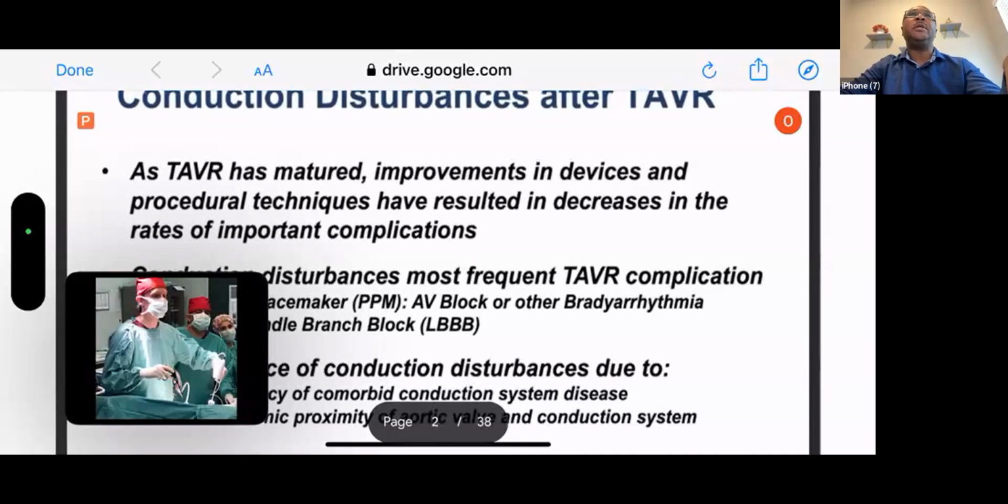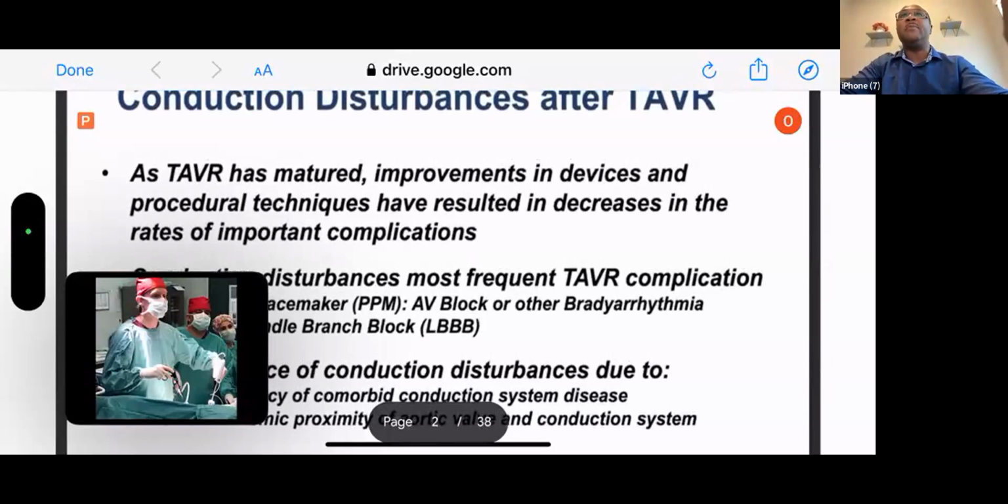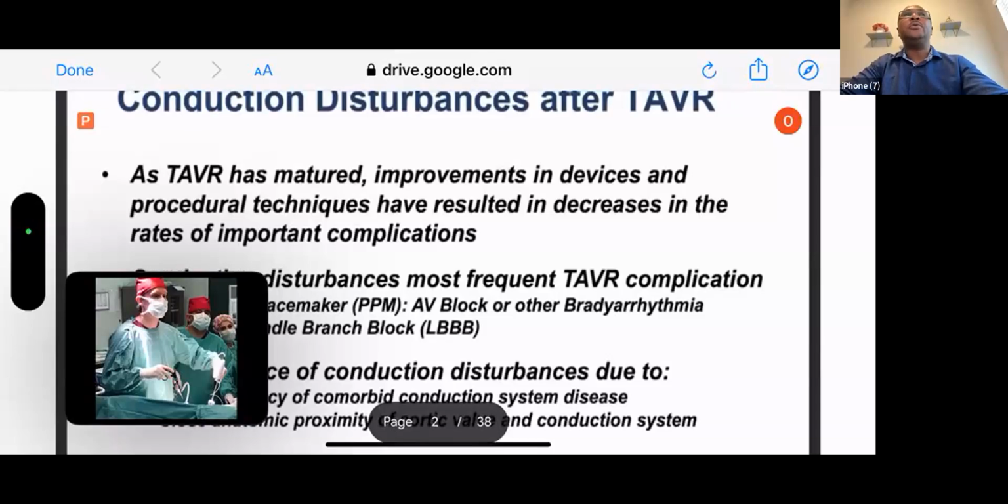The majority of the conduction abnormalities are high degree AV block or other significant bradyarrhythmia that require permanent pacemaker placement. We also have new left bundle branch block that can occur after TAVR.